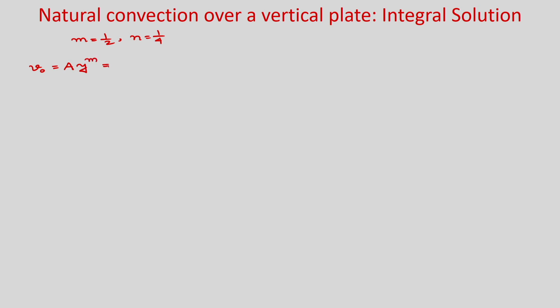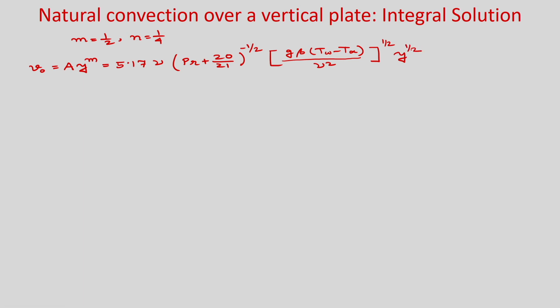If you put all these values, you will get 5.17 nu Prandtl number plus 20 by 21 to the power minus half, g beta (T w minus T infinity) divided by nu square to the power half, and y to the power m. So, y to the power half.